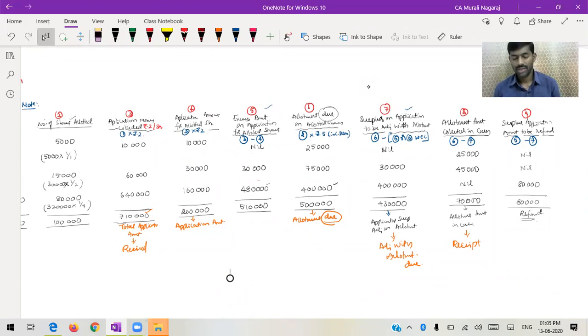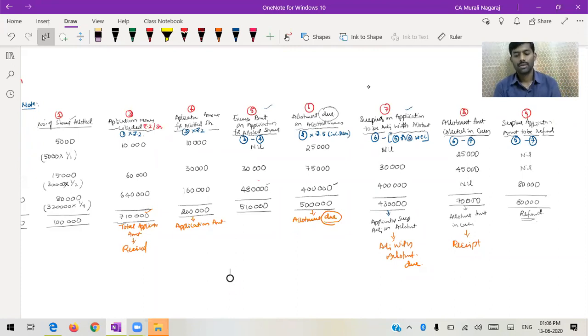Share application account debit, amount is 2 lakh, column number 4, within bracket 1 lakh shares into 2 rupees.